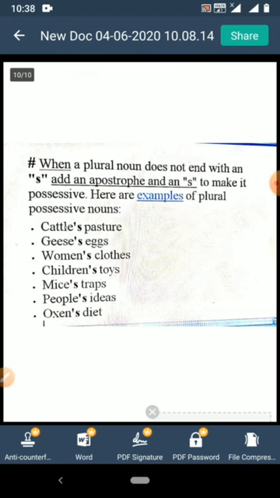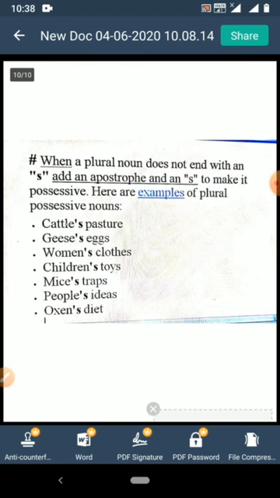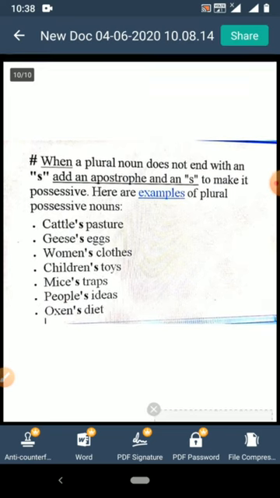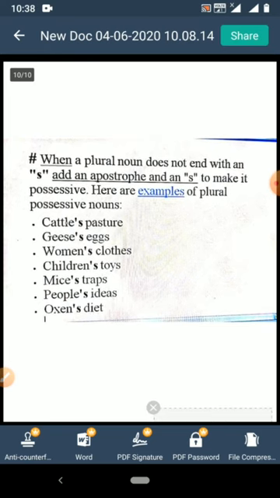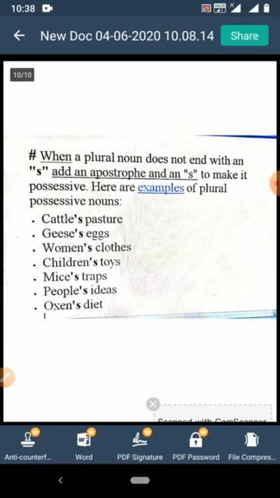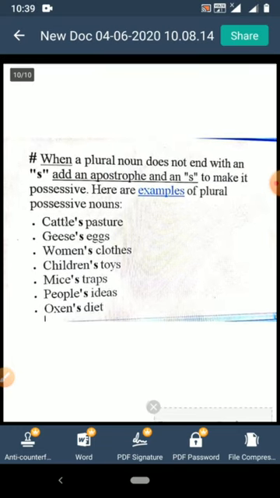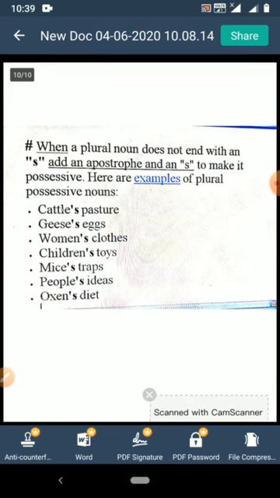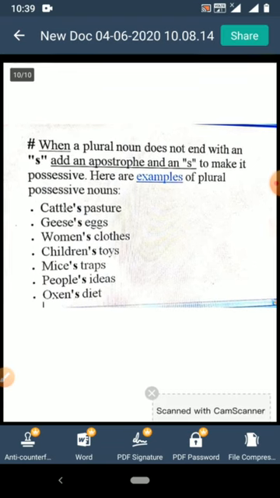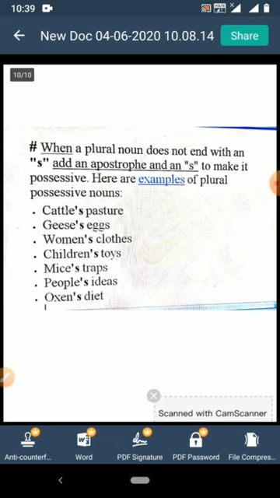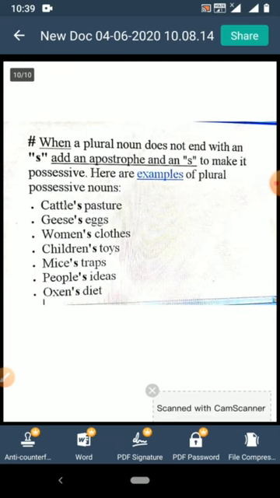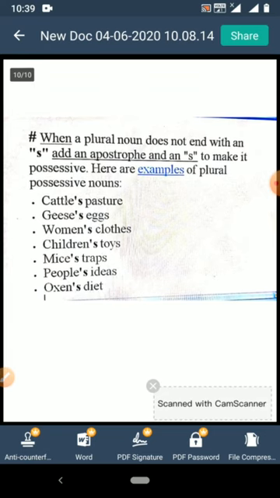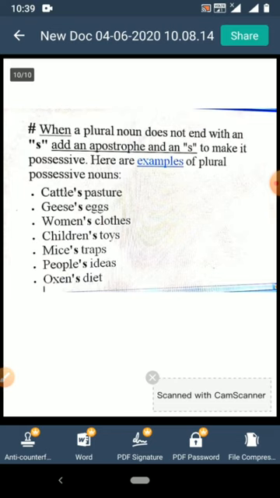Second, geese's egg. Here, the word geese is plural, but it does not have an S at the end. So you have to remember to put the apostrophe after the word geese, and then put an S after the apostrophe. Now, women's clothes. The word women is plural, but it does not end with S. So you have to keep in mind that all those plurals which do not have S as the last letter, you put the apostrophe at the end of the word followed by an S. Mice's trap.